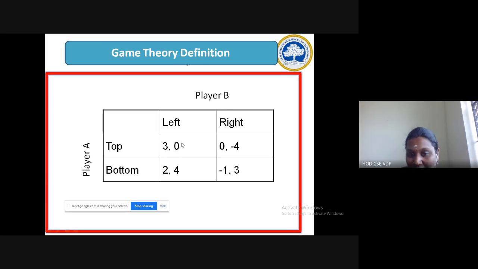Usually you'll have one solid value, like 3, but here this is nothing but player A's top strategy and player B's left strategy. This is player A's top and player B's right strategy. This is player A's bottom and player B's left strategy. Player A's bottom and player B's right strategy. So this is how you read the payoff matrix.